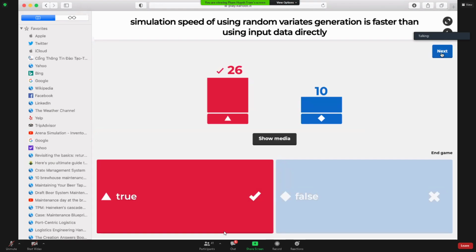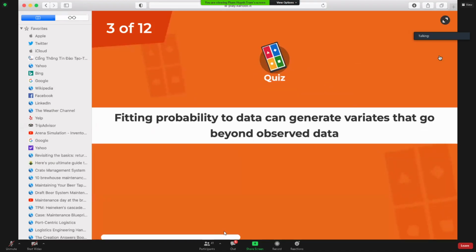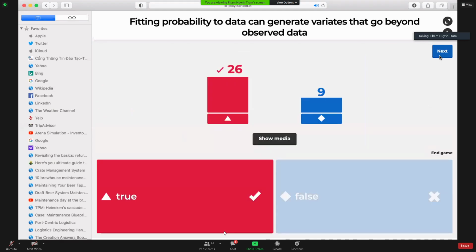And let's try the next one. Fitting probability to data can generate variables that go beyond observed data. Okay, great. So it seems to be easy as well, right? That's right.